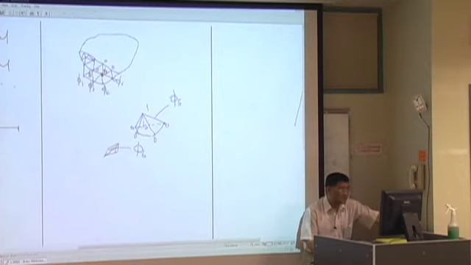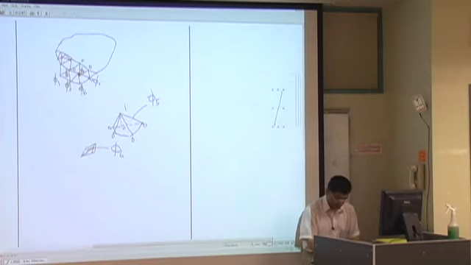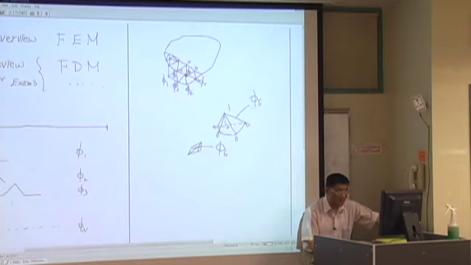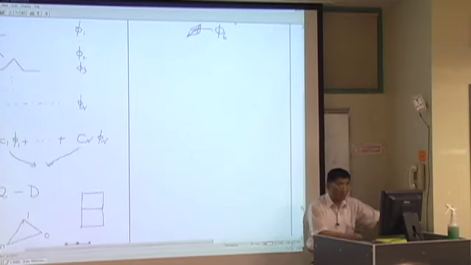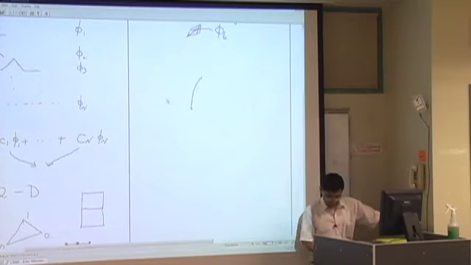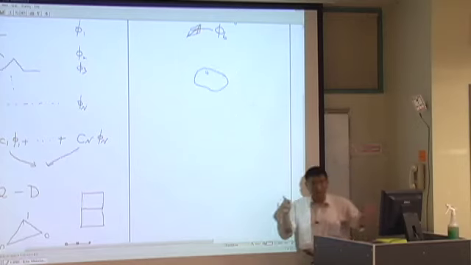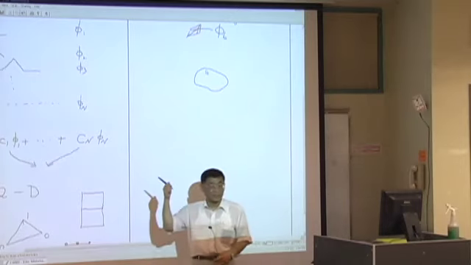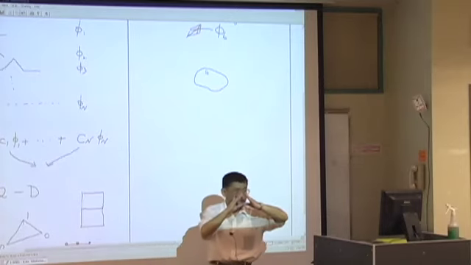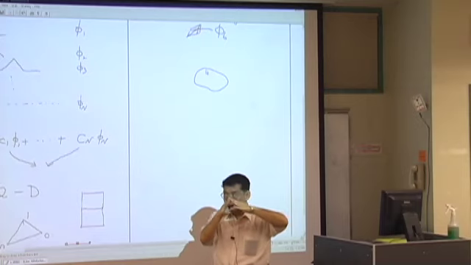We first discretize the domain. Assume that your domain looks like this. Then we discretize the domain using triangles. A better triangle is one having a regular shape.